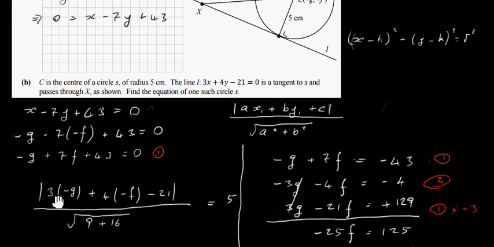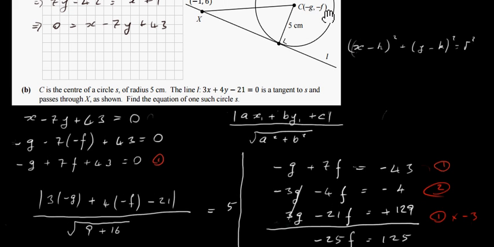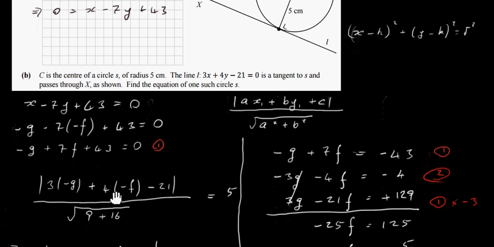So it's 3 times minus g. Remember, the x1 and y1 is the point I'm using, which is -g, -f. It's this point here. So -g goes in here, -f goes in here. 4 is my b here, and -21 is my c.